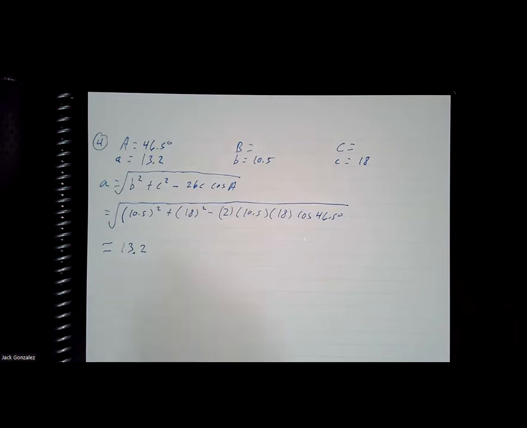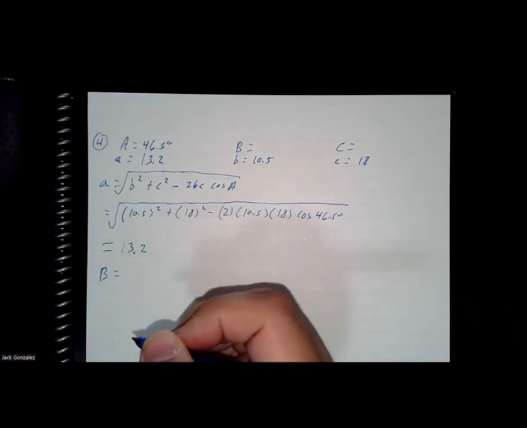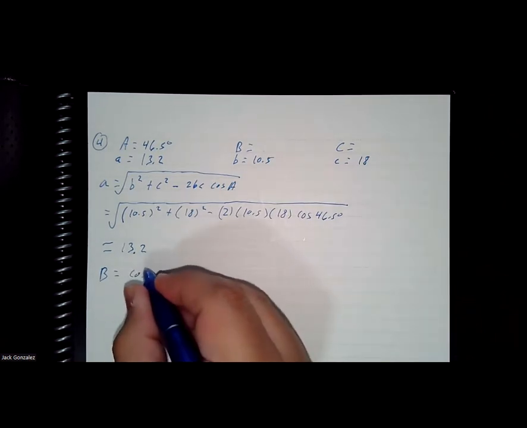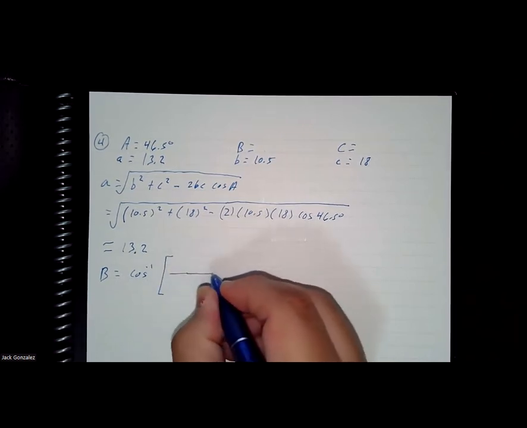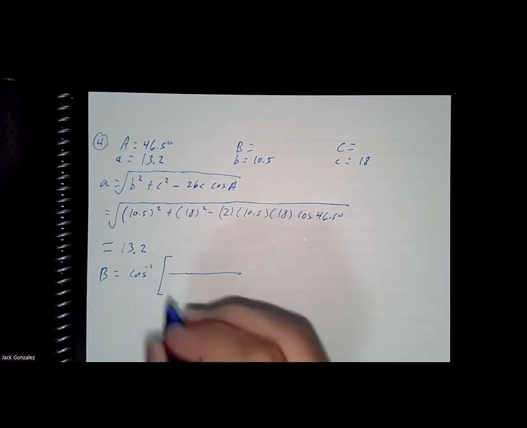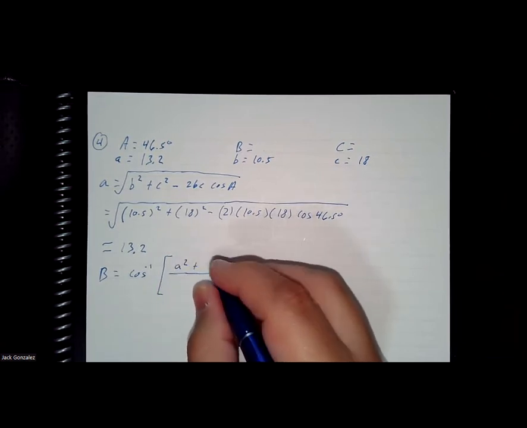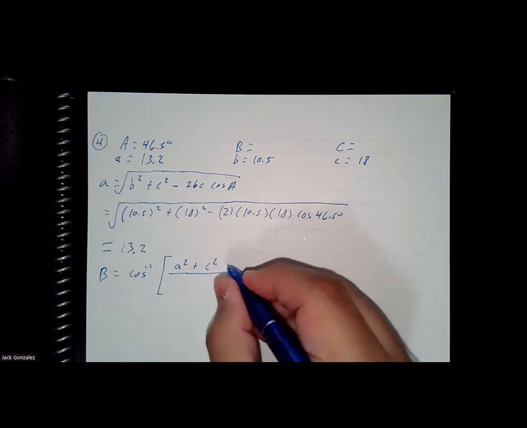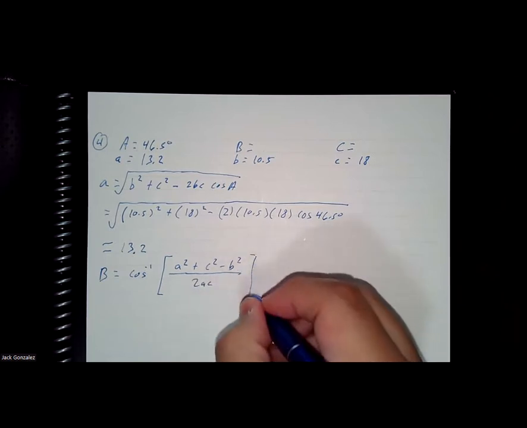There we go. Now use the formula for angle B. Once you have all the sides, you can use the law of cosines formulas for the angles. And they give you a list of them already solved for you, so you don't have to do too much. So B is equal to cosine inverse of a squared plus c squared minus b squared over 2ac.